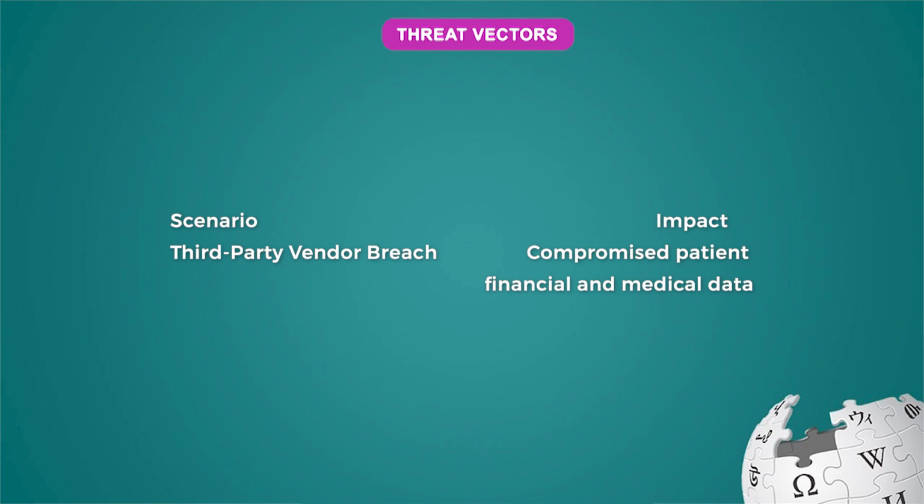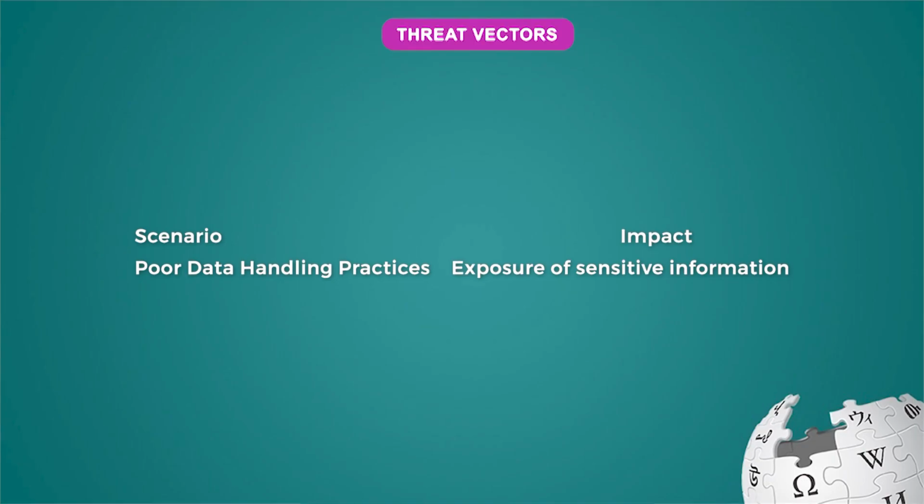Third party vendor breach says a vendor responsible for managing a hospital's billing system experiences a breach. Point, poor data handling practices says improper disposal of paper based medical records or electronic storage devices.